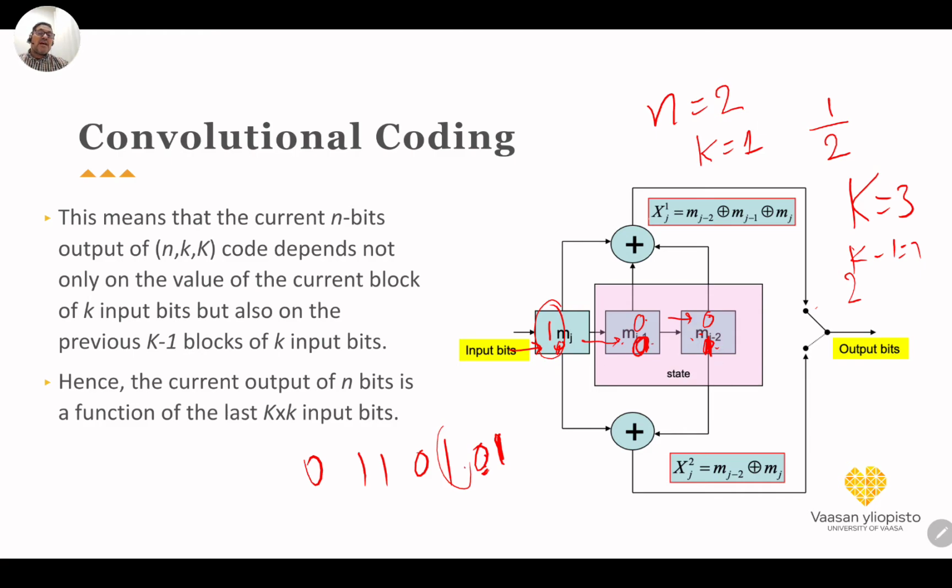Every time we compute the 2 bits at the outcome. So now we have the output bits, and we also have the state movement. You can see now that the output is not depending only on the input bits, but depends also on the 2 previous bits. So it is distributed in time.